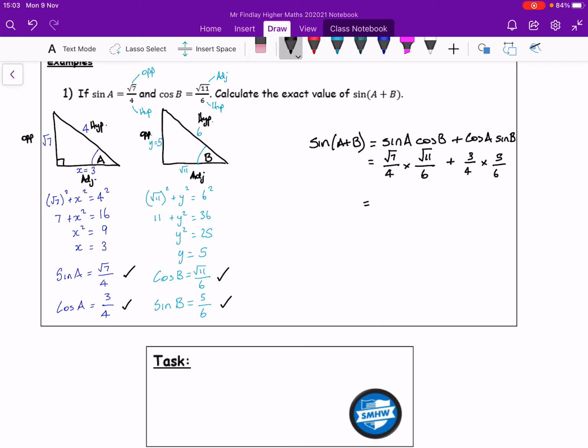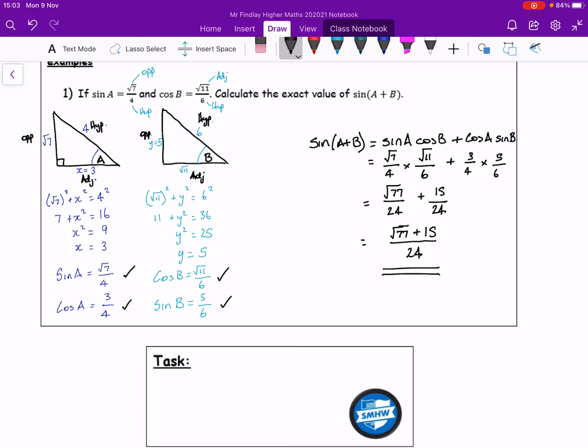Once again, always get the consistency on our denominator, 24, and then a single fraction, 24, is as good as root 77 plus 15 over 24.